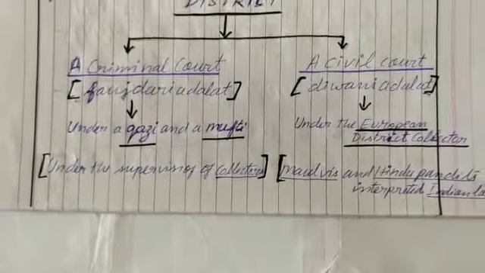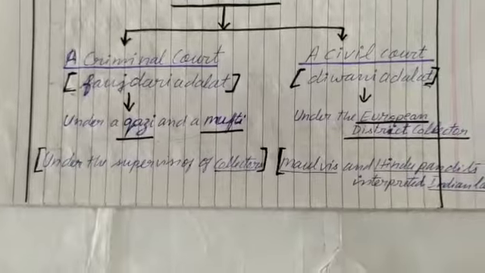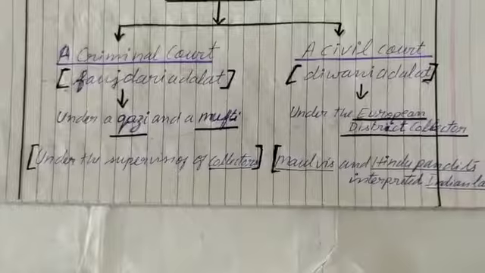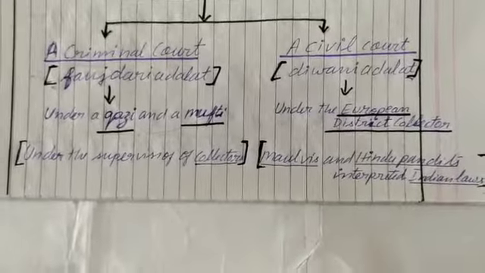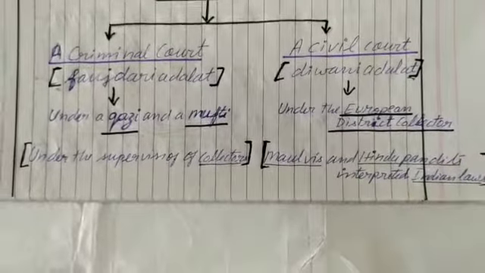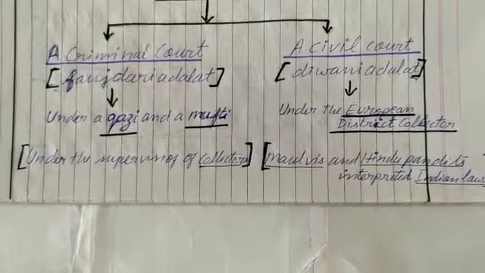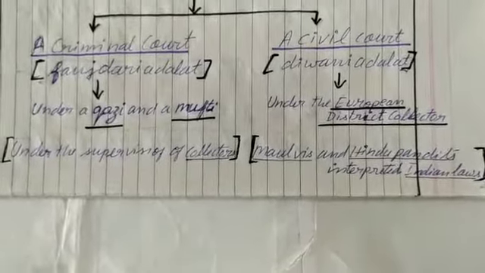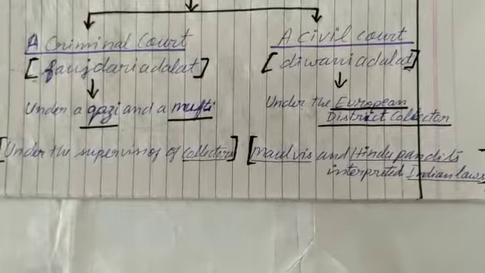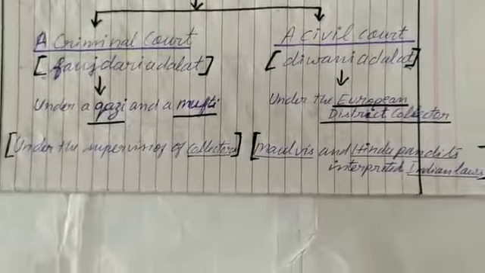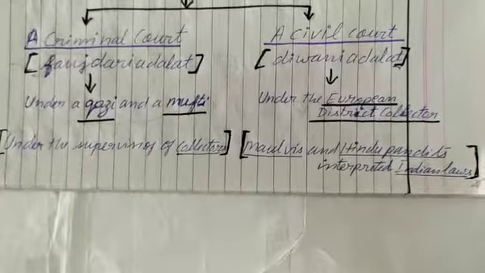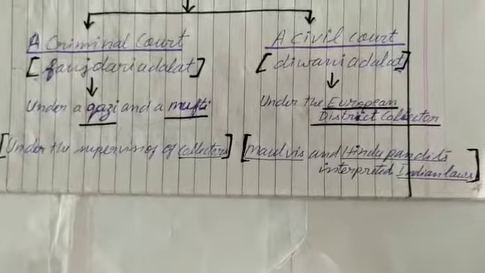Now, Faujdari Adalat was under the Qazi and a Mufti of that time, but it was under the supervision of the collector also. But the Diwani Adalats were under the European district collectors. Diwani, as you know, is the Adalat which deals with all money related matters, revenue, taxation, everything comes under it.